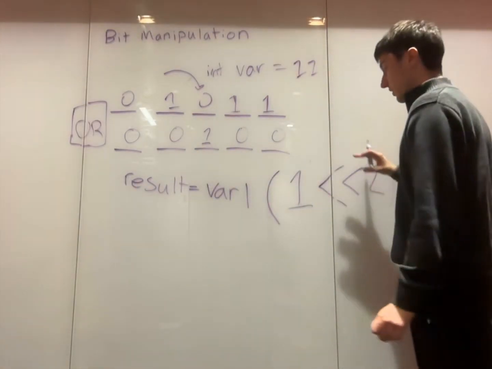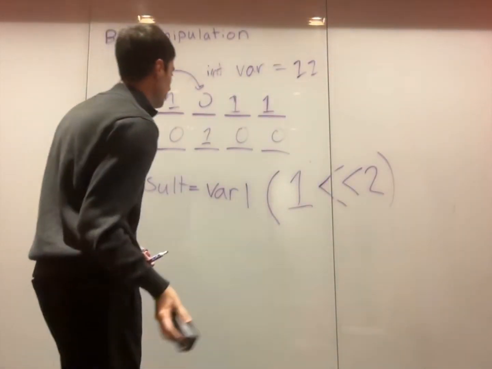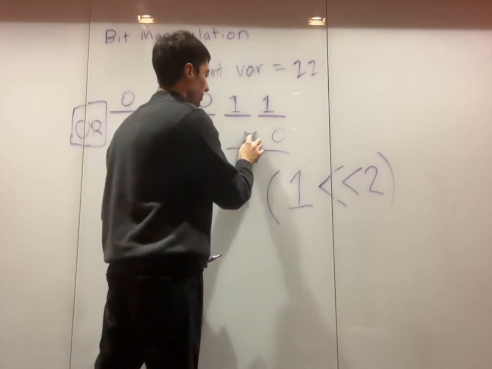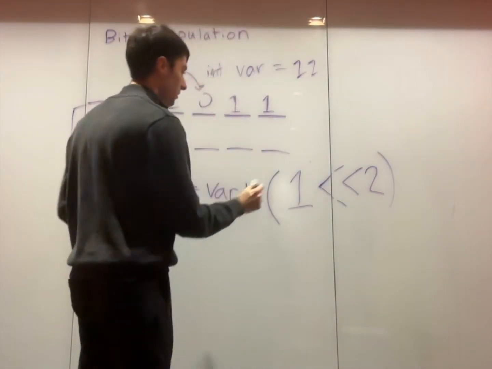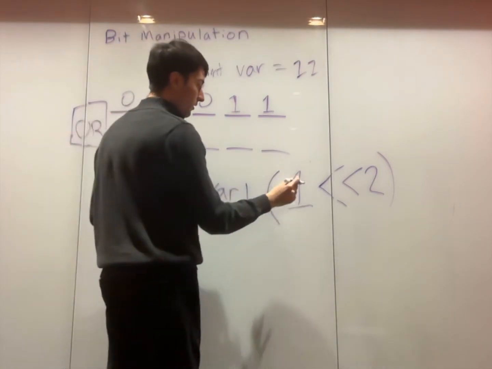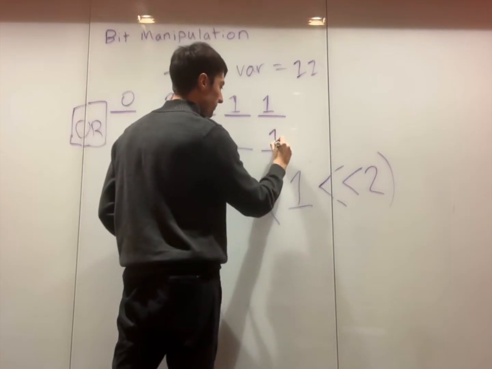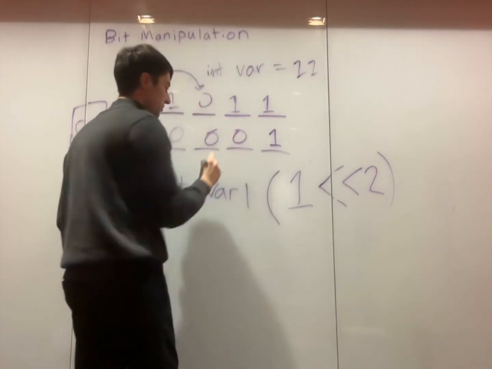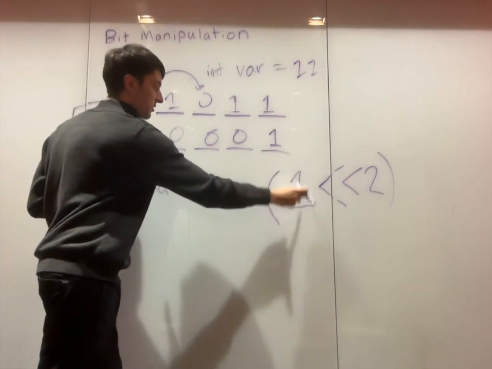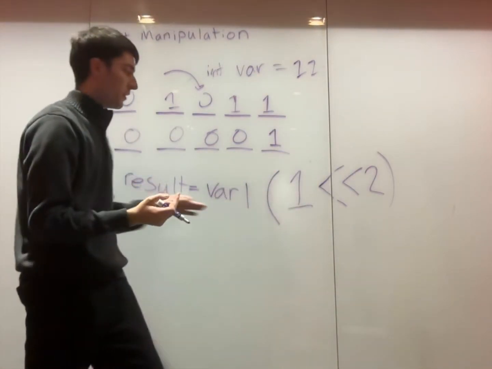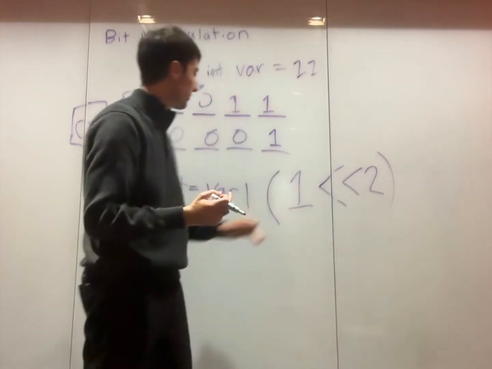Let's go over this shift operator. Let's figure out what's going on with this. What am I doing? I took a 1. This is the actual number. So 1, 0, 0, right? Do we agree? This 1, this is the same thing. And then this is how much we are shifting over.